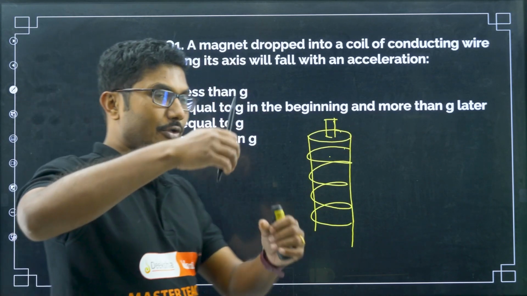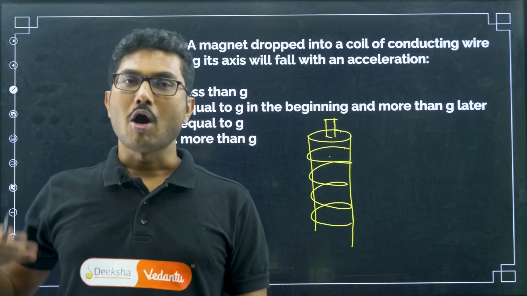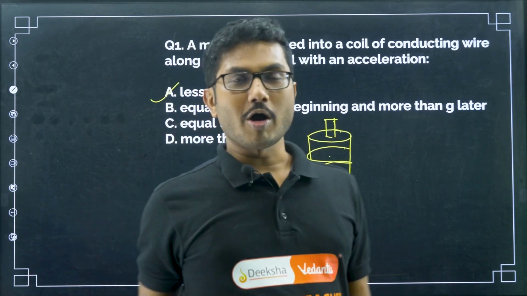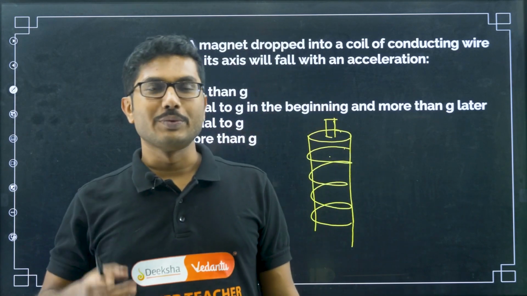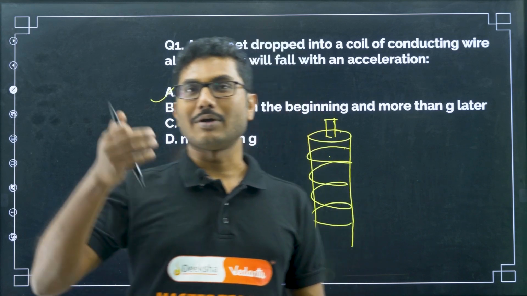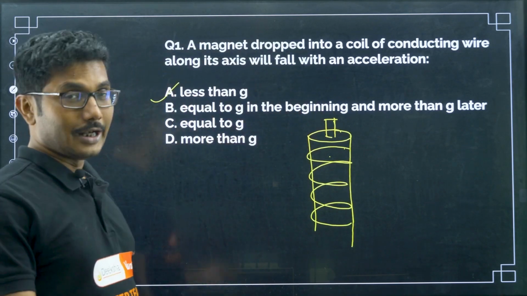Basically, you have a copper tube and you drop a magnet through it. There are beautiful experiments available on YouTube, you can check those out. When you drop the magnet through the tube, it suddenly appears to slow down. Why? Because of this induced electromagnetic field.